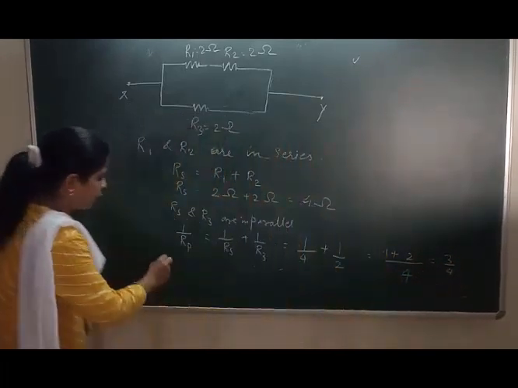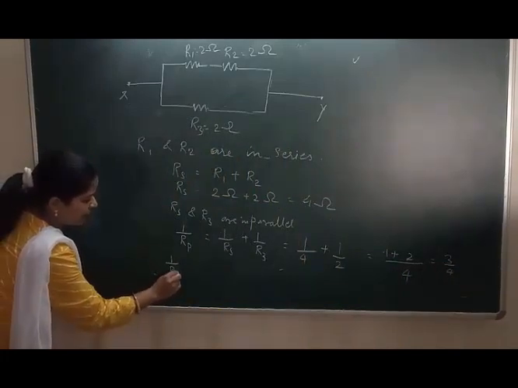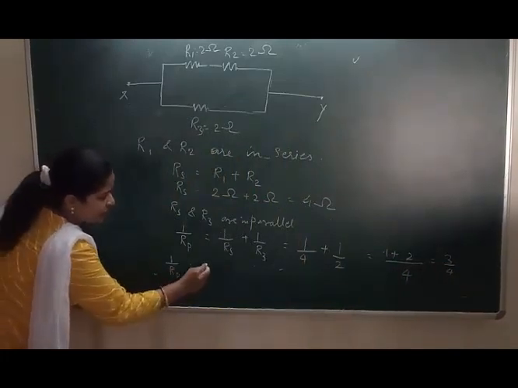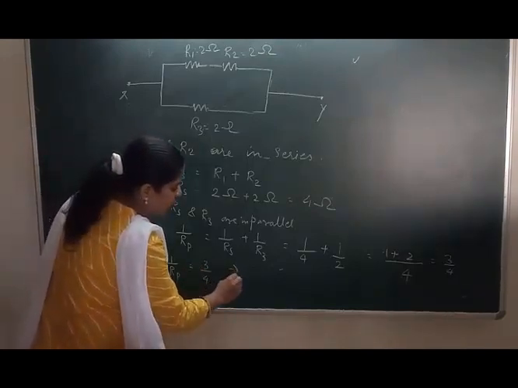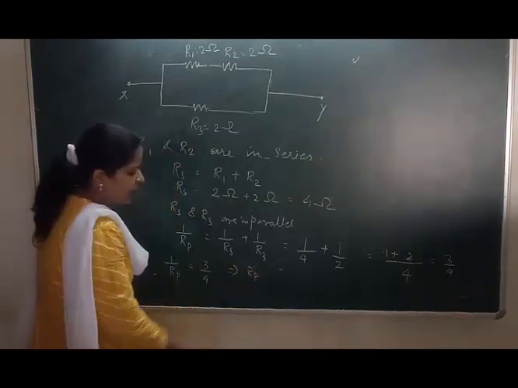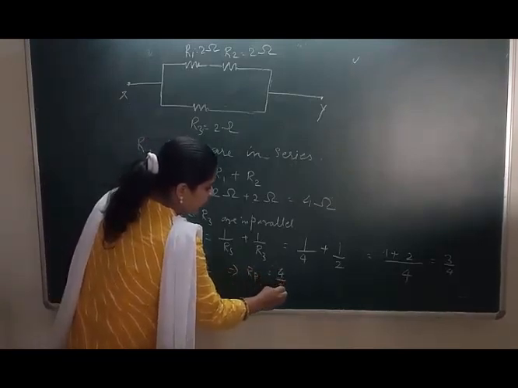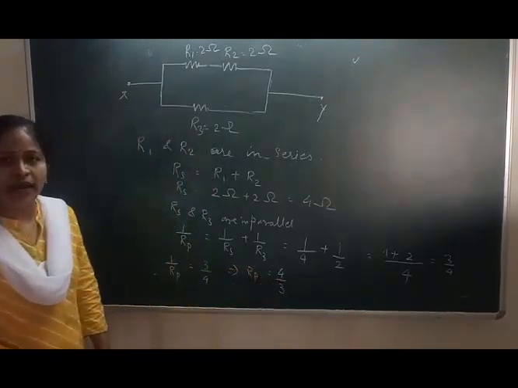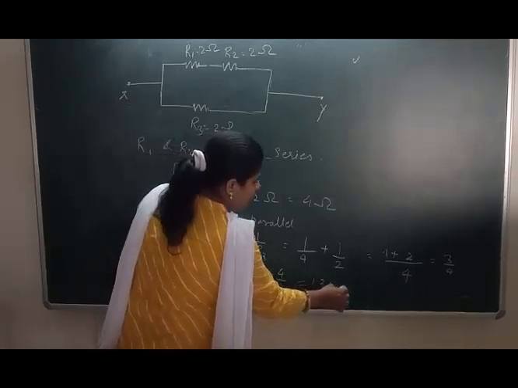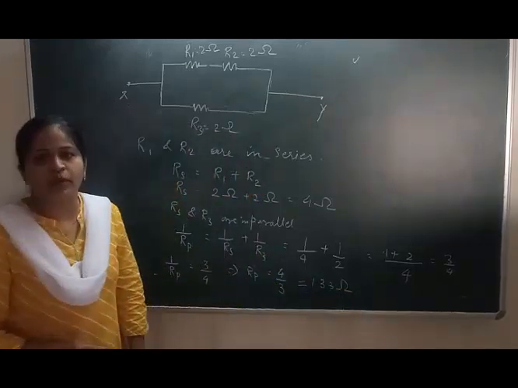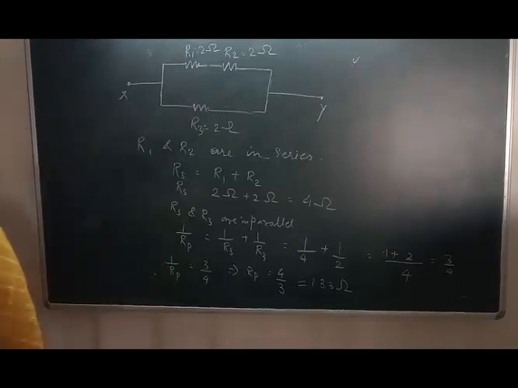As we know that we are finding 1 upon Rp, it is in fractional form, 3 upon 4. So when you want to find the reciprocal, what do you get for Rp? 4 by 3. Its value will become 1.33 ohm. I hope it is clear.